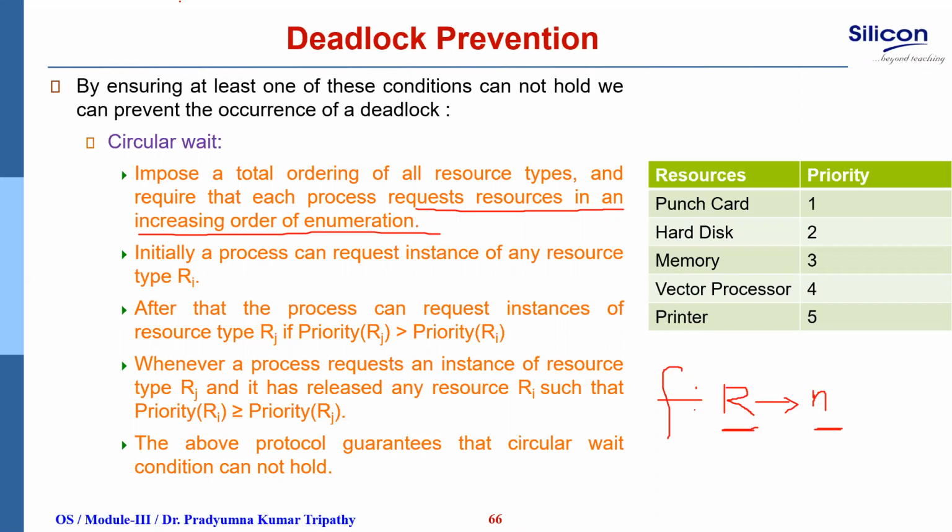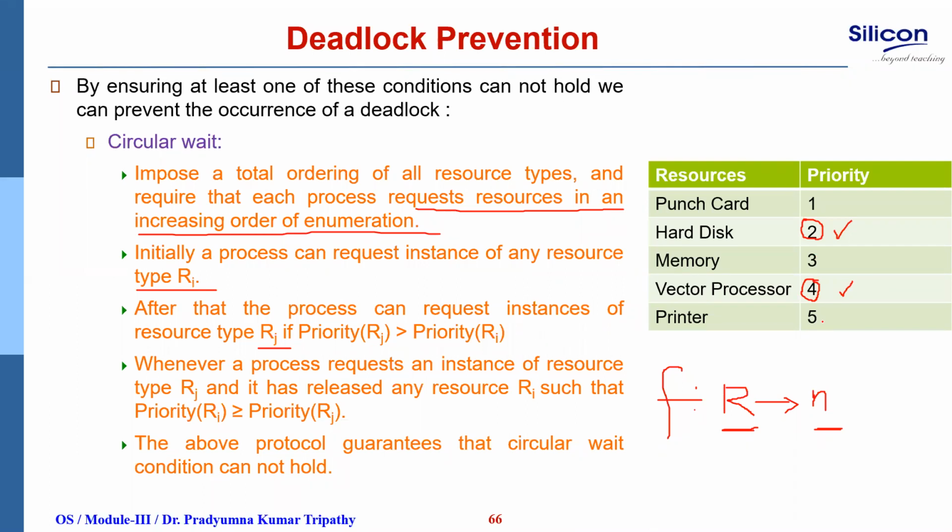So initially, a process can request an instance of any resource type Ri. Suppose I have the hard disk, correct? After that, the process can request instances of type Rj. Now I have the hard disk and I am requesting the vector processor. So it says that if the priority of Rj is greater than the priority of Ri, then only it will be granted.